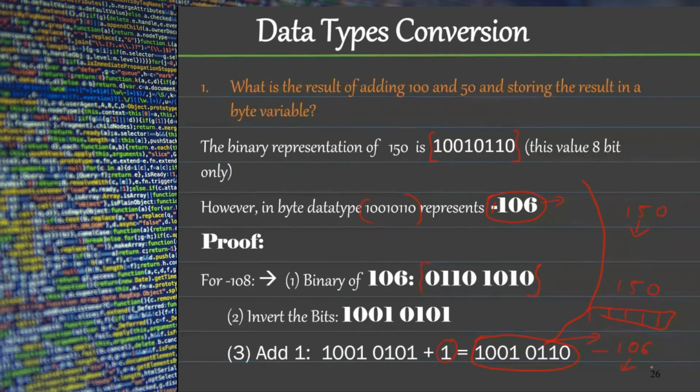So that's why it is showing minus 106. This is one overflow effect that you can see here. There are more overflow effects, and sometimes it causes hacking also, because if we can predict the overflow effect, we can hack into the system and into the applications, and the application will reveal some of the important information.